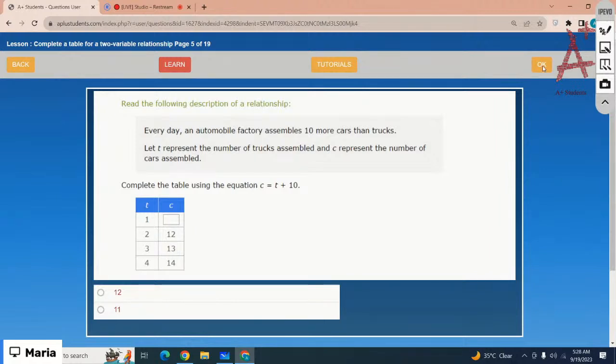Every day an automobile factory assembles 10 more cars than trucks. Let T represent the number of trucks assembled and C represent the number of cars assembled. The equation is C equals T plus 10. So the missing value of C, you have to add 10 to each value.